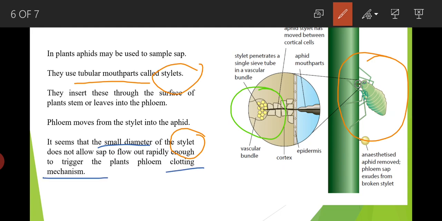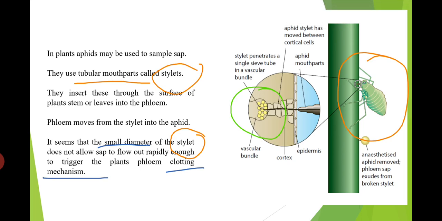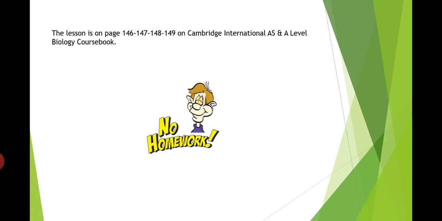So the very small diameter of the aphid's mouth parts doesn't trigger a high pressure of the contents inside the phloem vessels. Thank you.